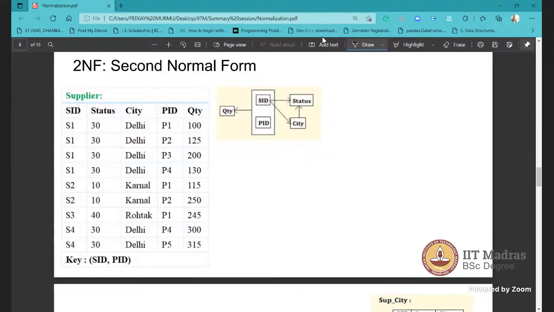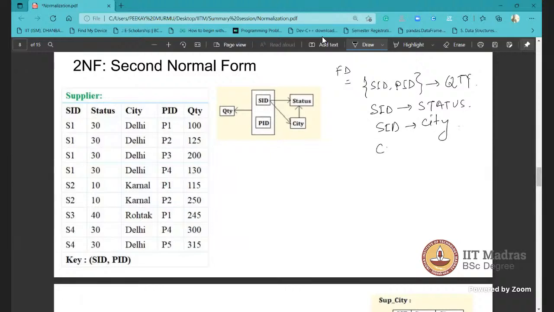You can see here SID and PID together determine quantity, and SID to status, SID to city, and city to status.